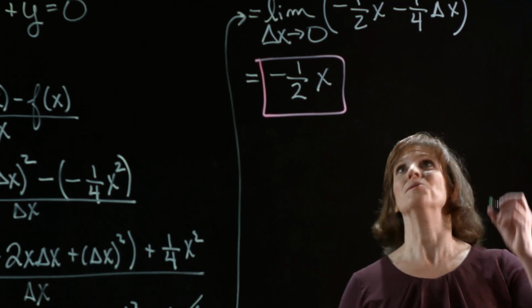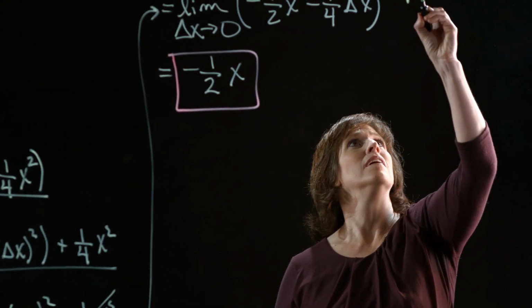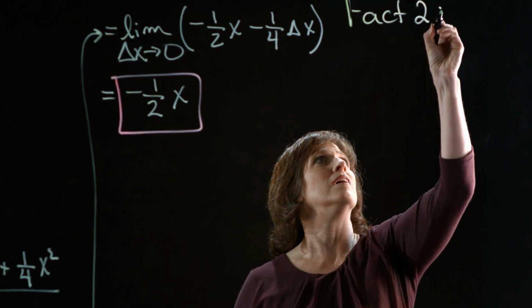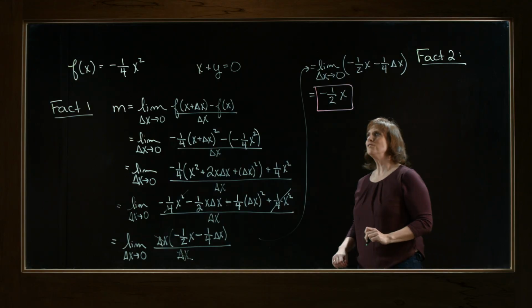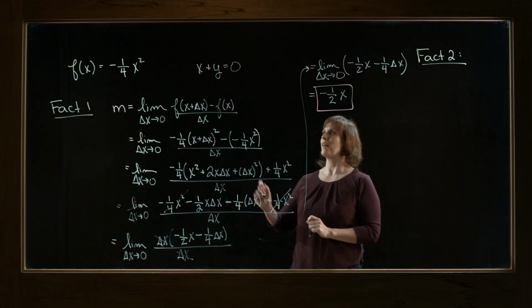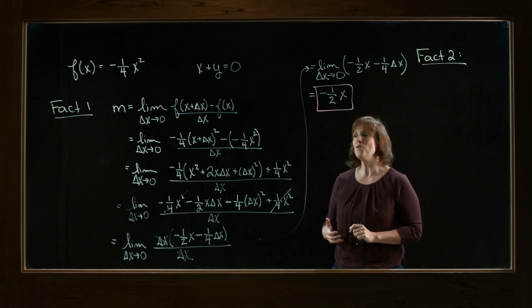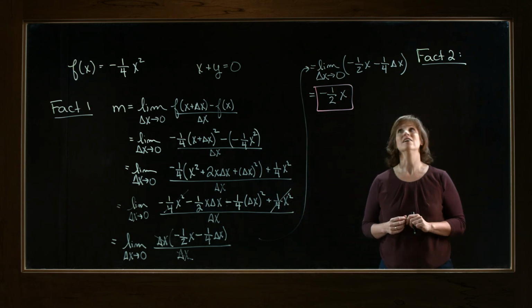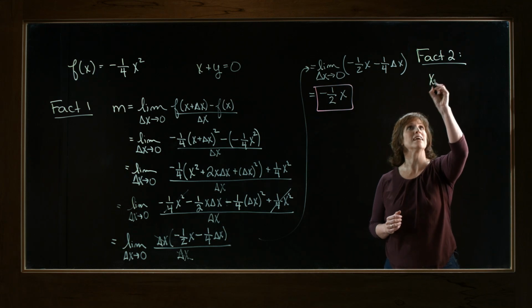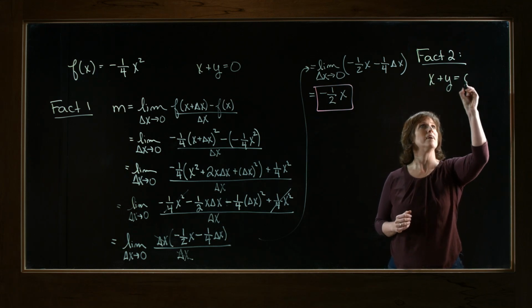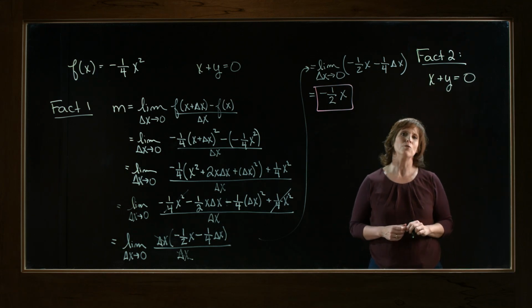Now for fact 2. We can also find out information about the slope of the line based on our given line x plus y equals 0. We know that our line needs to be parallel to x plus y equals 0. So let's take a look at this. X plus y equals 0. This is the general form of a line.